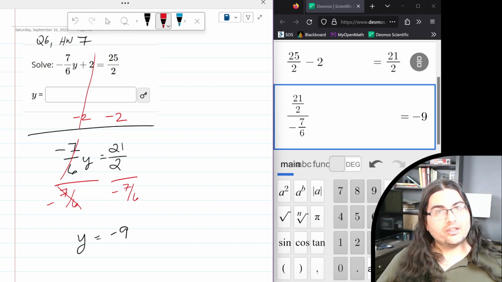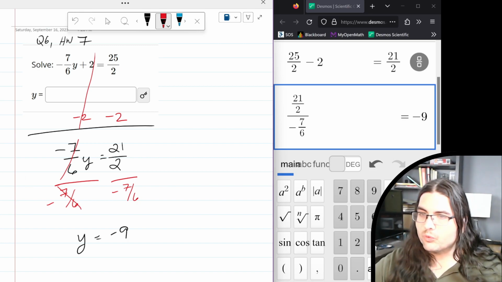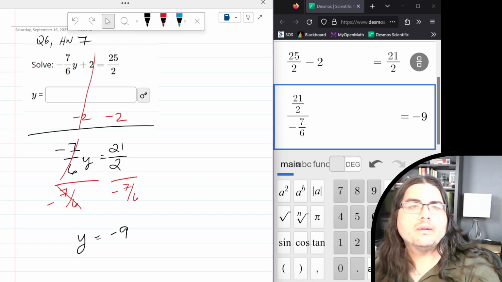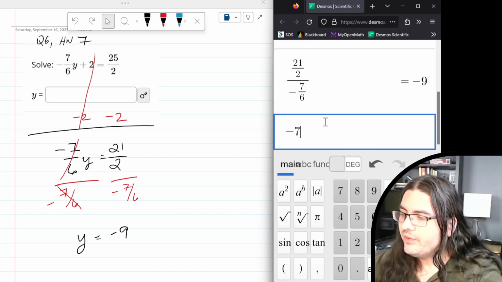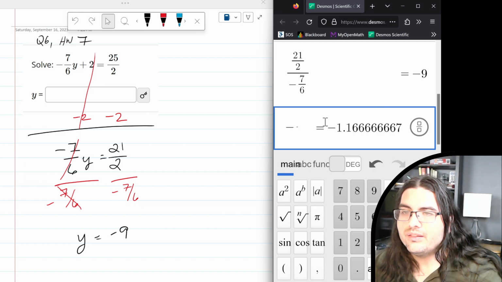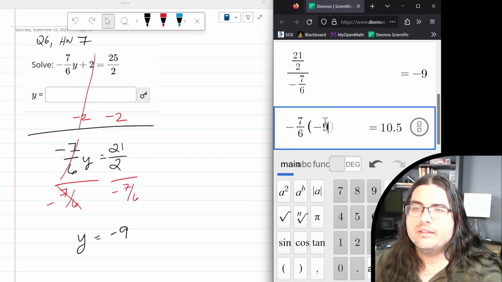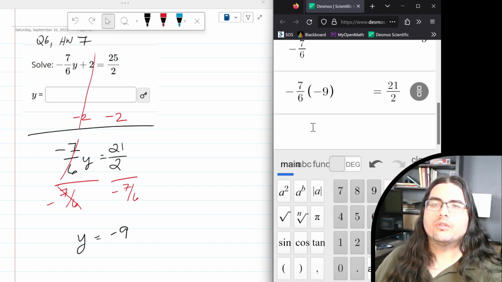But for now, if you came here only looking for what is the result and how do I get it in the fastest way possible, I would recommend a calculator which can handle fraction computations. If you wanted to check this answer, you could go back and plug it into the original equation, -7/6 times y. Oops. I'll do that here in my calculator. -7/6 times the y value, which is -9, 10.5, or as a fraction, 21/2.